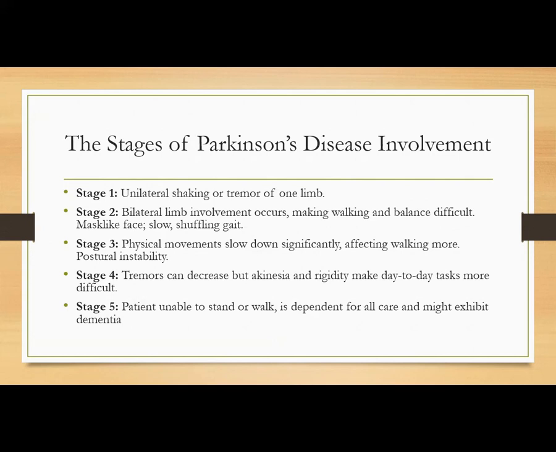Stage 3 is physical movement slowed down significantly, affecting walking more, postural instability. Stage 4, tremors can decrease, but akinesia and rigidity make day-to-day tasks more difficult. Stage 5, patient unable to stand or walk, is dependent for all care and might exhibit dementia.